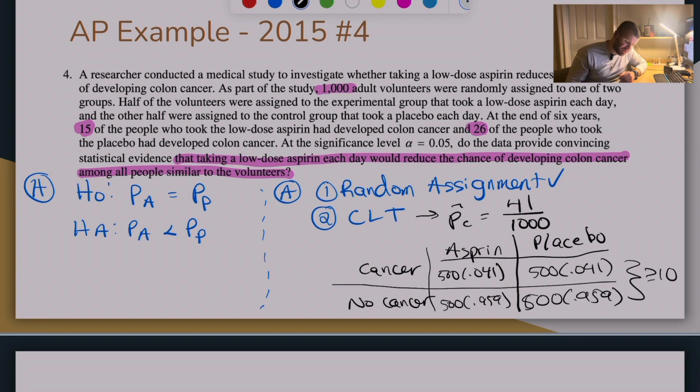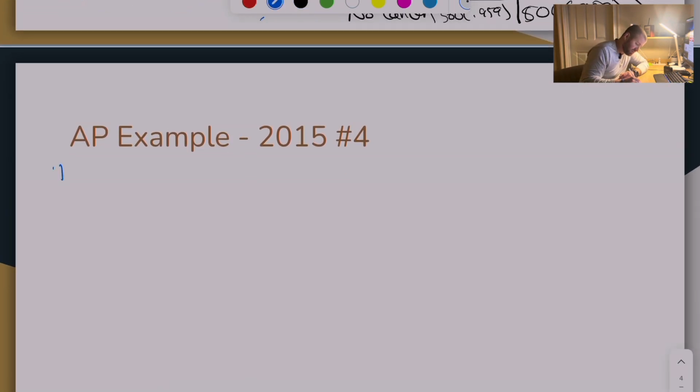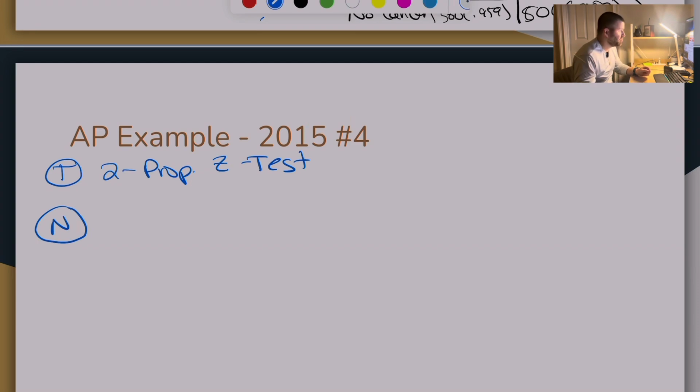All of that is greater than or equal to 10, right? 500 times 0.041 is 20.5, and so obviously that's more than 10. We're good to go. When I get to my test, this is now a two proportion z-test. And now my numbers, you would plug in on your calculator. I'm going to plug in on mine.